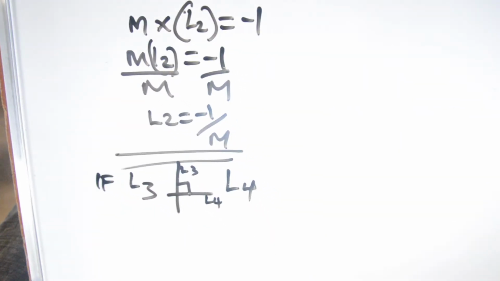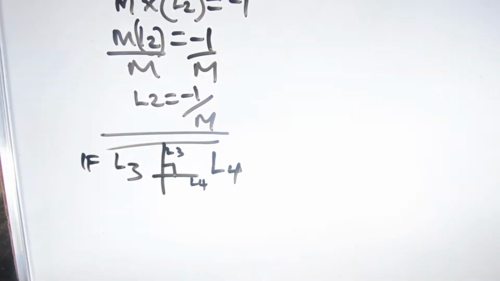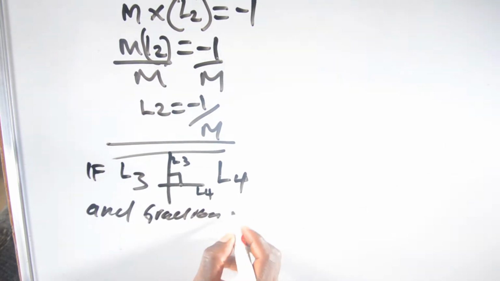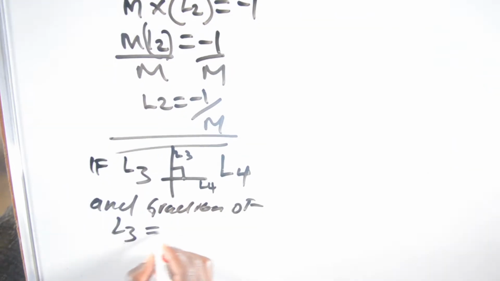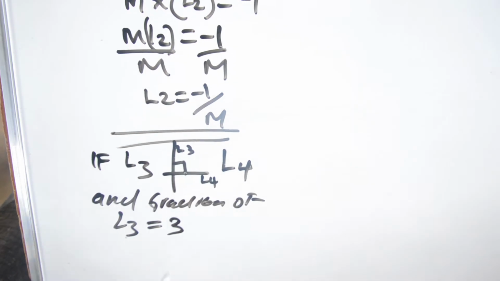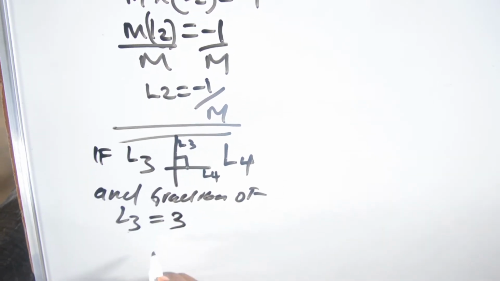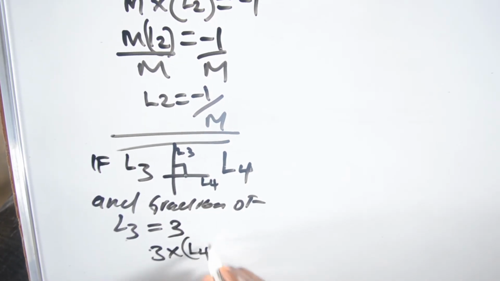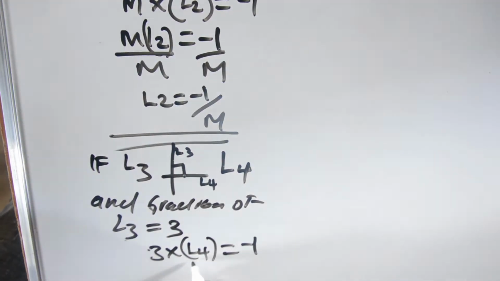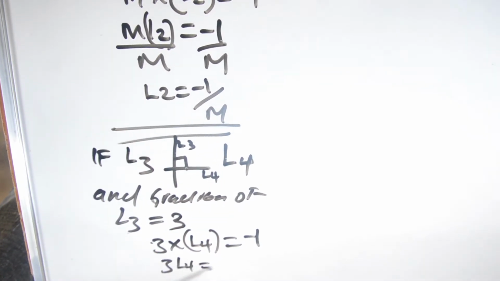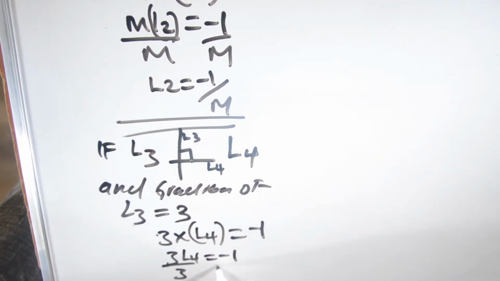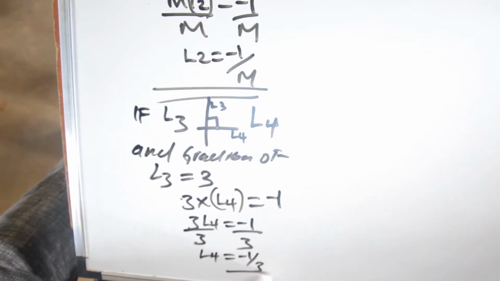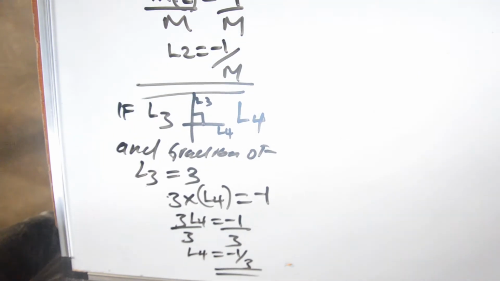If L3 is perpendicular to L4 and the gradient of L3 is equal to 3, the gradient of L4 we're going to find by just multiplying 3 times L4 is equal to -1. This implies that 3 L4 is equal to -1. So divide both sides by 3. L4 is going to give us -1 over 3. That is the gradient of the other perpendicular line.